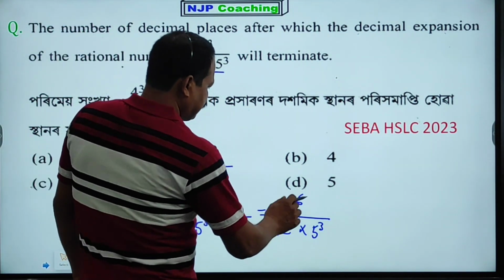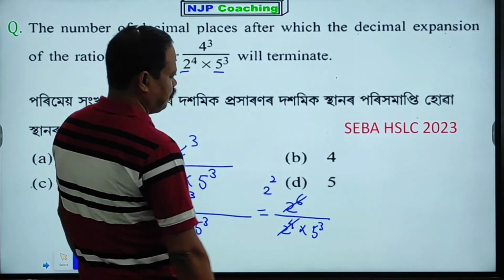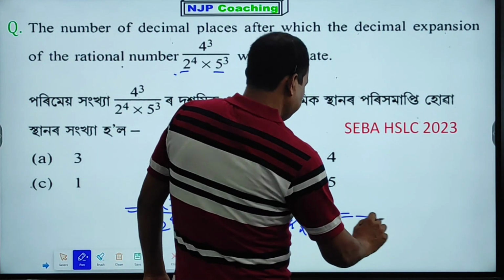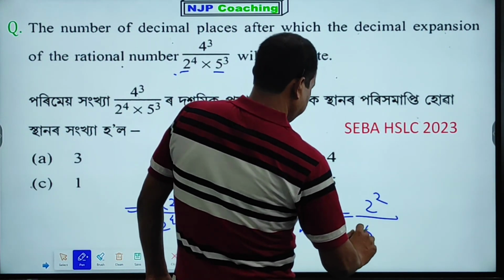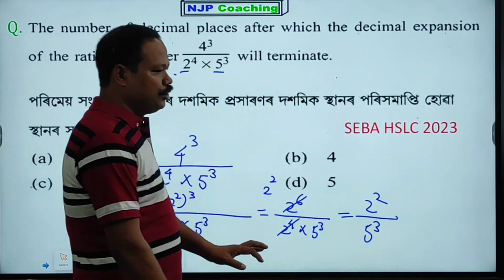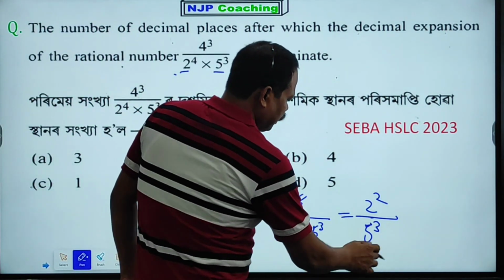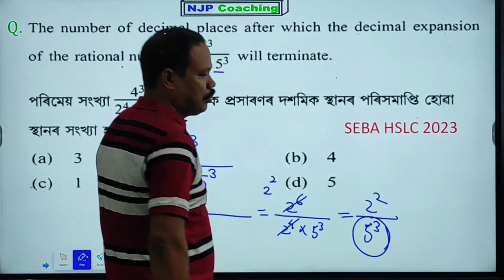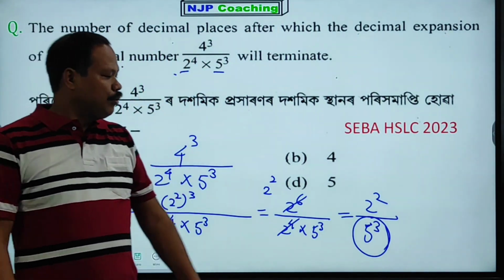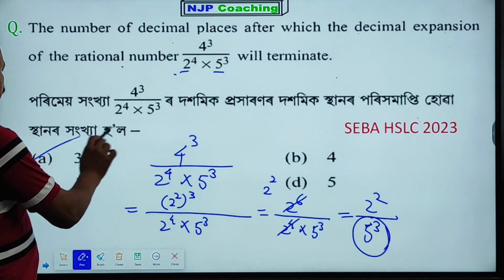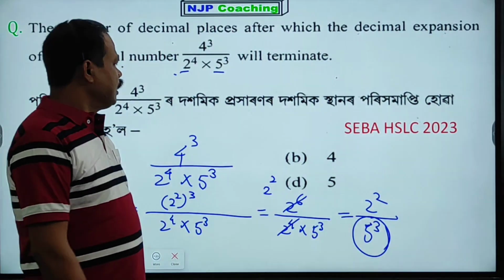If we cancel this, we will get 2 square only. So the number will become 2 square by 5 cube. Now no need to divide, we just have to know the highest power, of 5 or 2, whatever it may be. The power of 5 is 3 and it will terminate after 3 decimal places.